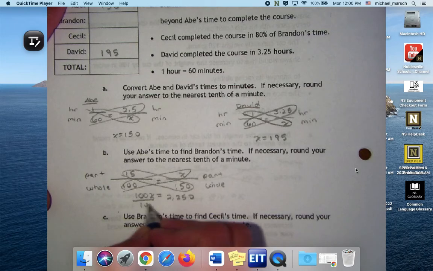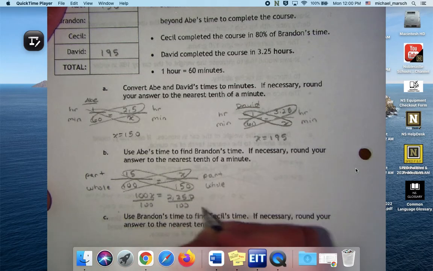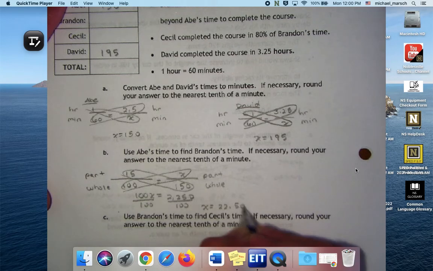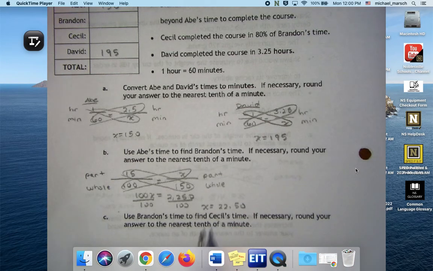Divide by 100. That tells us what 15% is of Abe's time.